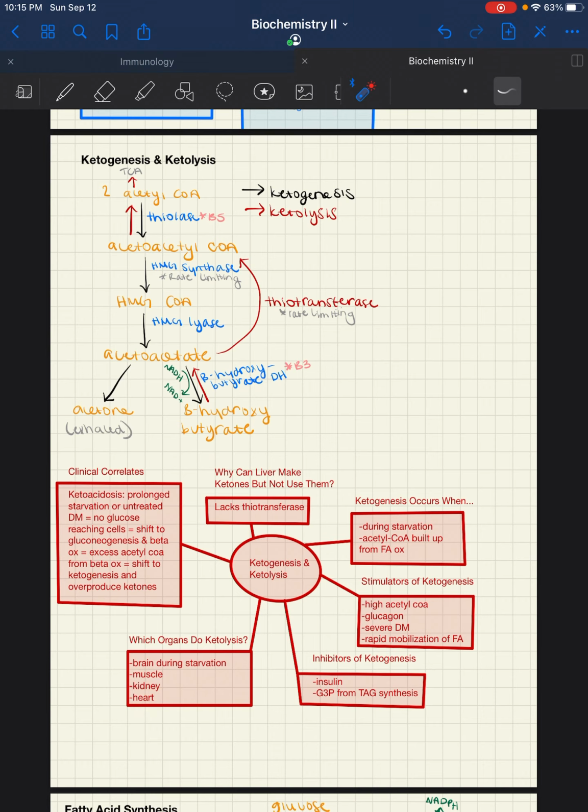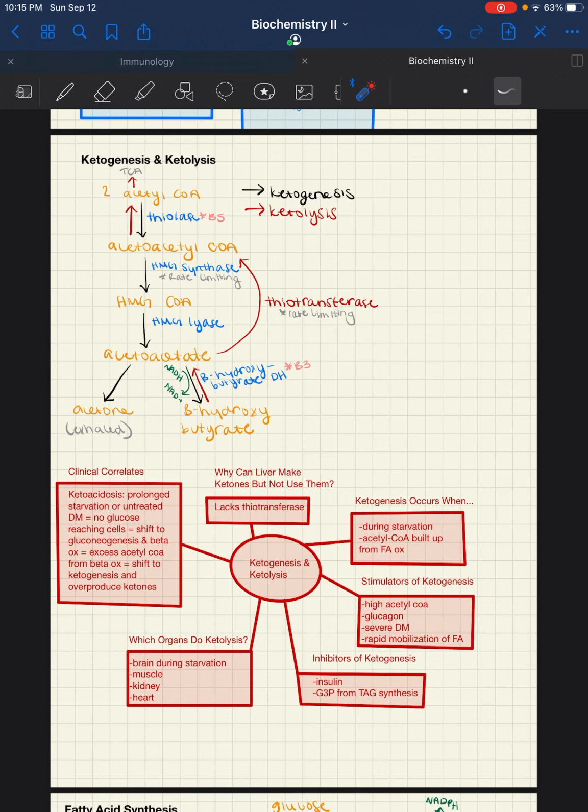And there's a clinical correlation here. So ketoacidosis is what occurs in prolonged starvation or severe untreated diabetes mellitus type 1, where there's no glucose reaching our cells, so we need to get energy from somewhere else.